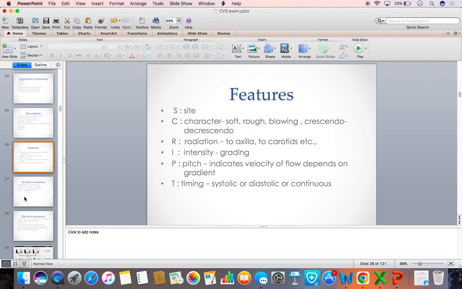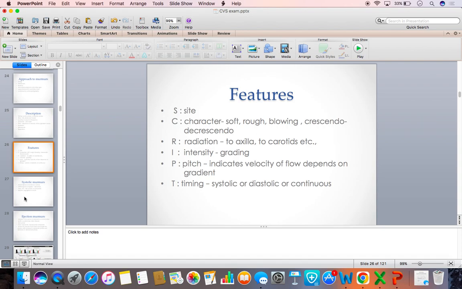Grade 5, you can appreciate the murmur with the stethoscope barely touching the precordium. Grade 6 is the loud murmur you can hear even with the stethoscope a little away from the precordium. This is how the grading of the murmur is done.